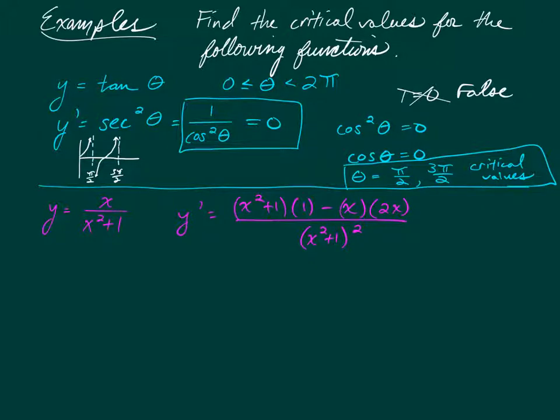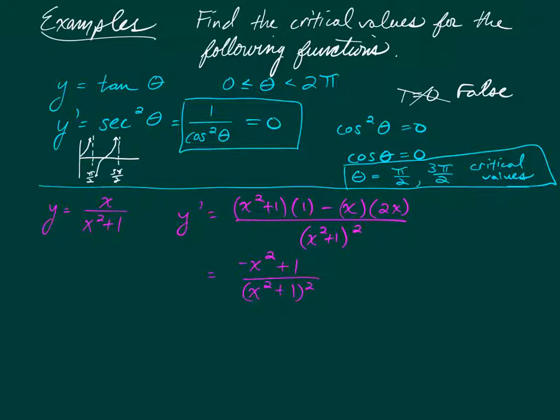And then to simplify this down, this will be done very similarly to the second example on the last slide. There's an x squared minus 2x squared. This will leave you with a negative x squared plus 1, all over x squared plus 1, the quantity squared.